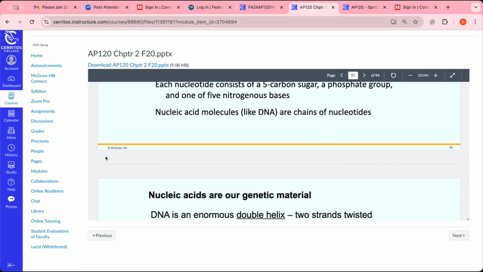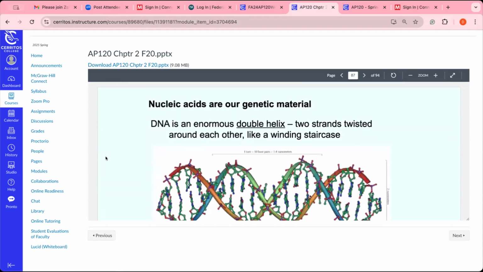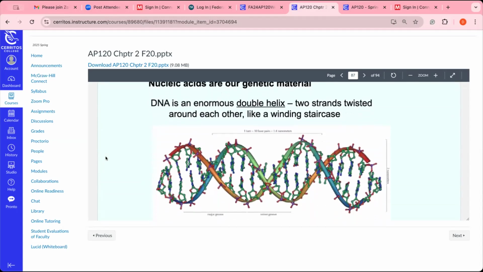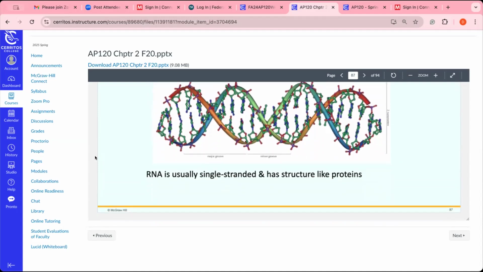Nucleic acid molecules are chains of nucleotides. DNA is an enormous double helix, 2 strands twisted, which she's told us already. And so here's a picture of your 2-stranded double helix. RNA is usually single-stranded and has a structure like a protein.